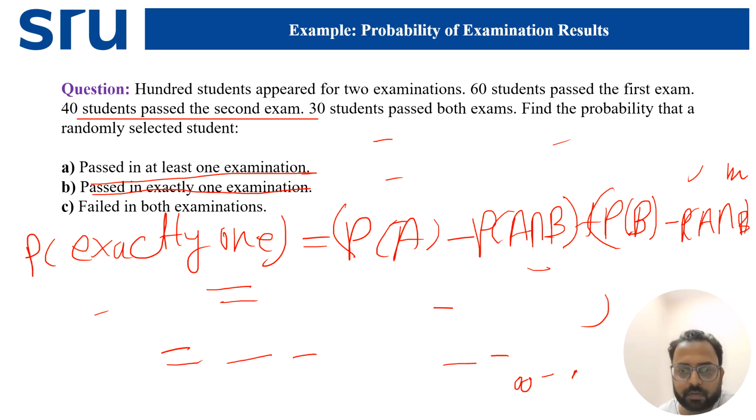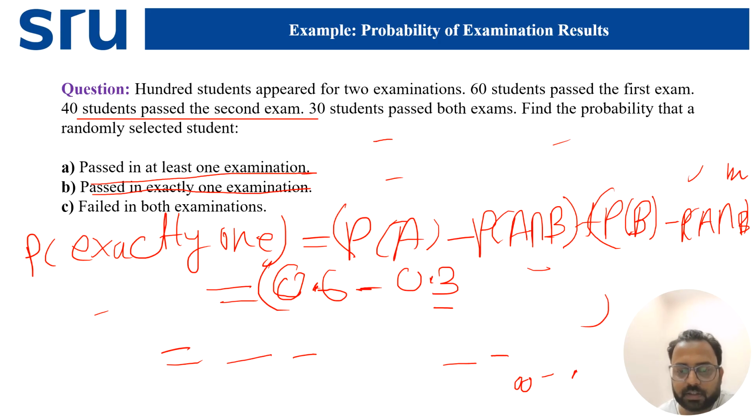So probability of A is 0.6, and probability of passing both examinations is 0.3.